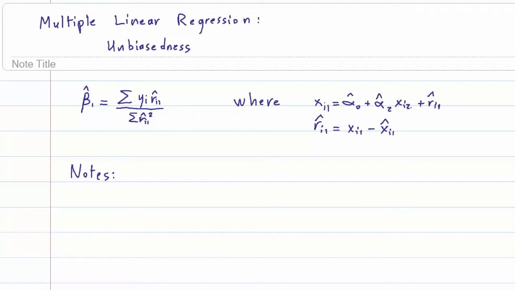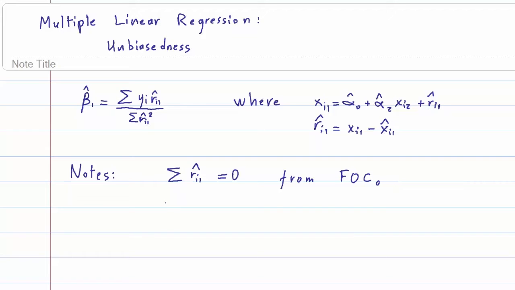and they all come from the fact that ri1 hat is a residual from a simple linear regression. The first thing is that the sum of ri1 hat, this is a sum of residuals, should be 0 from the first order condition for alpha 0 in the simple linear regression model.